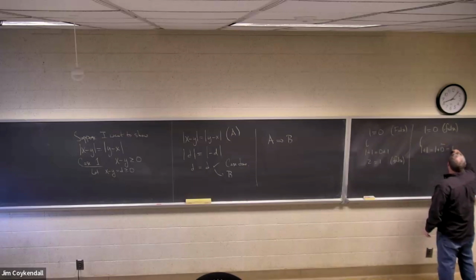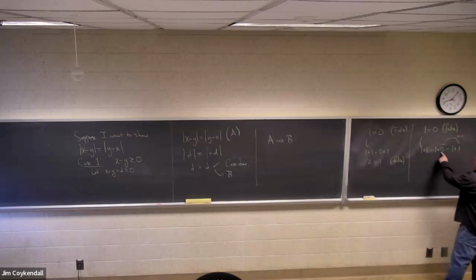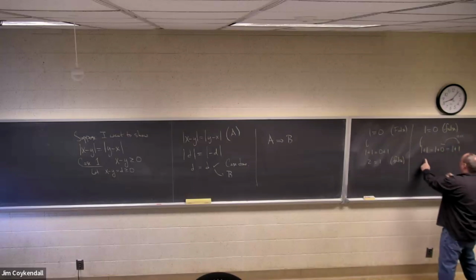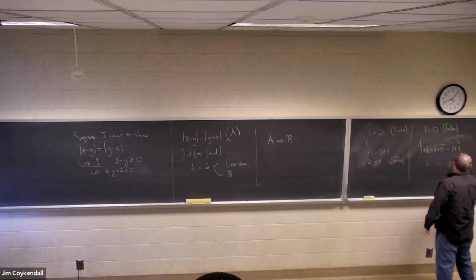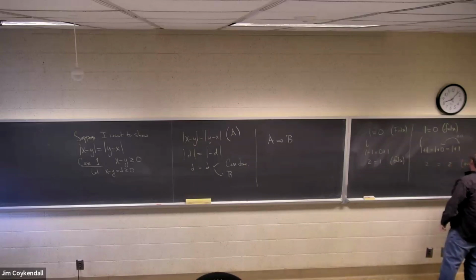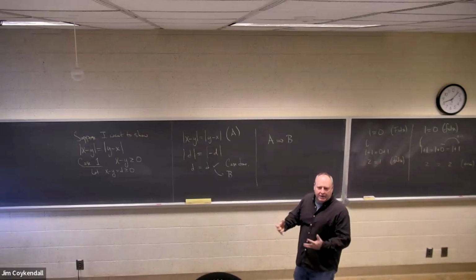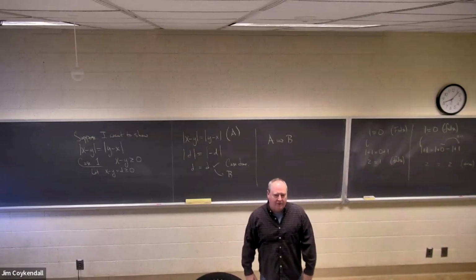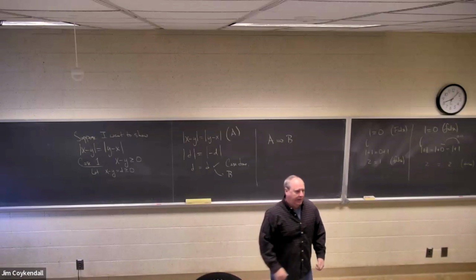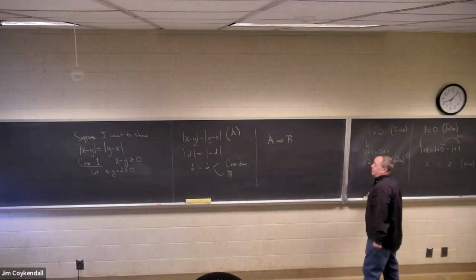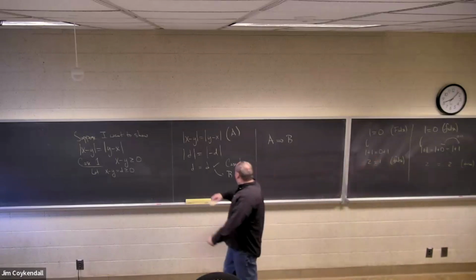But 0 equals 1, so I can replace that 0 with 1, and I get 2 equals 2, which is true. So when you start with a false premise, you don't know the status of what you get after that. Right? And that's a problem. So be careful about that when you do your proofs.